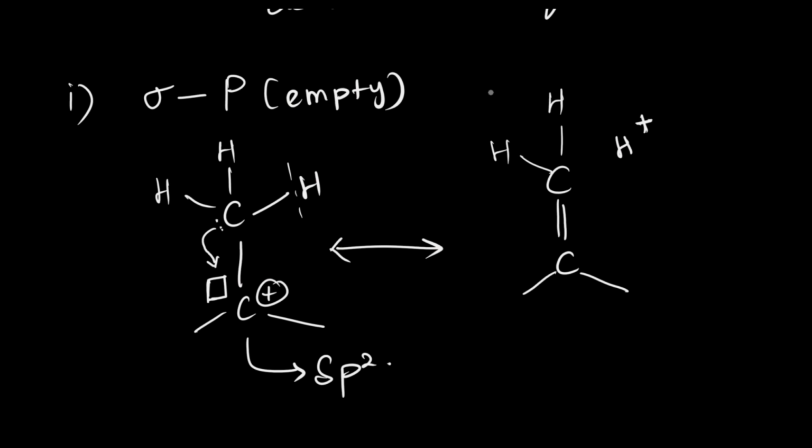That makes this more stabilized. This happens for each of these; any of these hydrogens can go, right? So how many hyperconjugative structures can be written for this? There are 3 hyperconjugative structures, one for each of these hydrogens. So why are the hyperconjugative structures important?